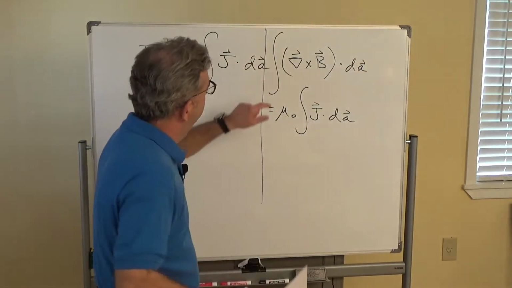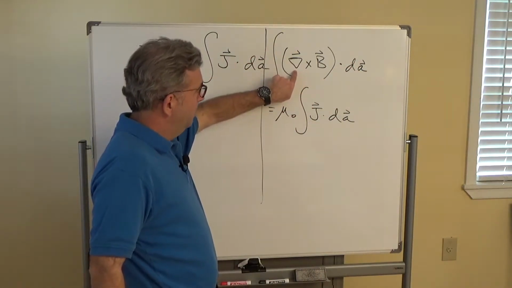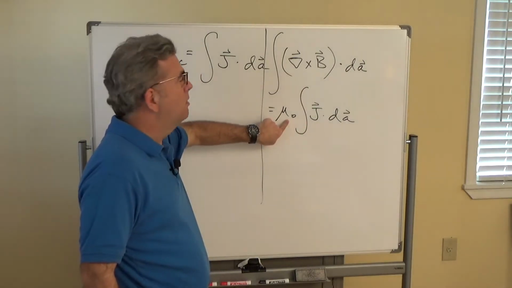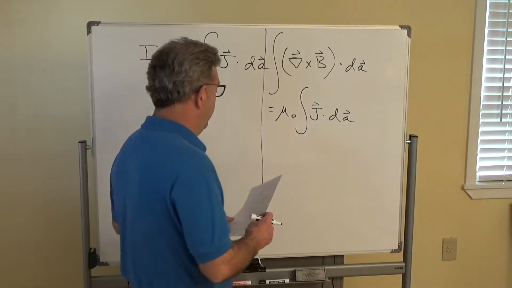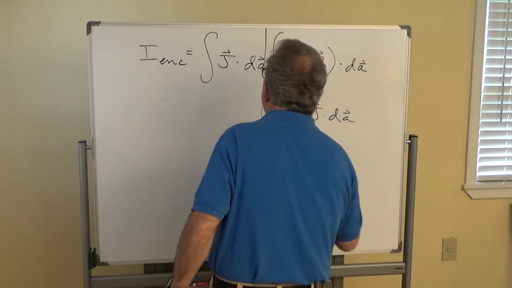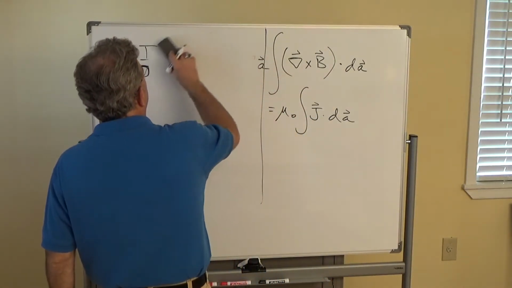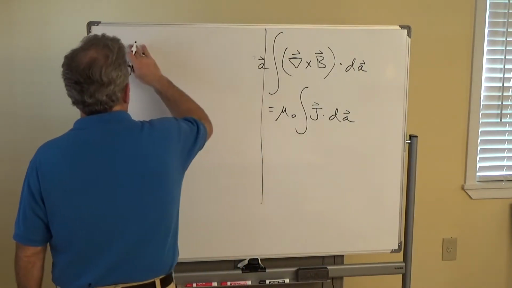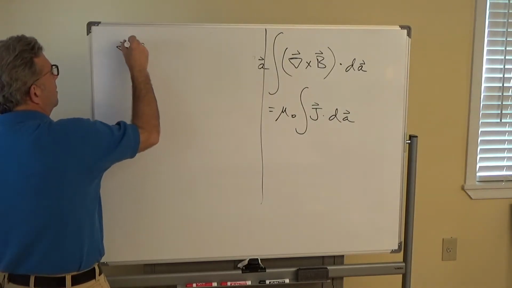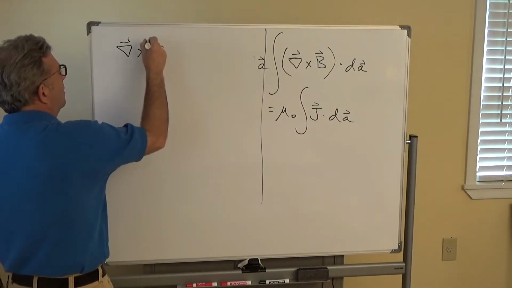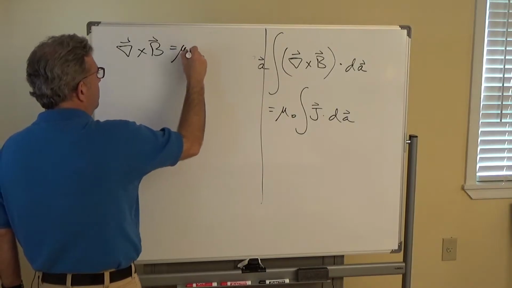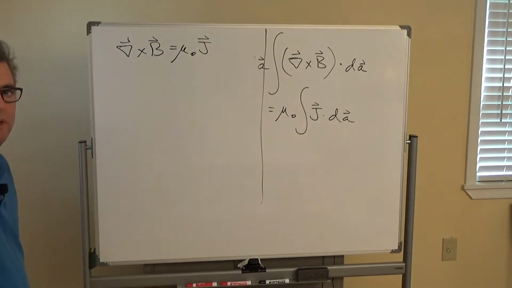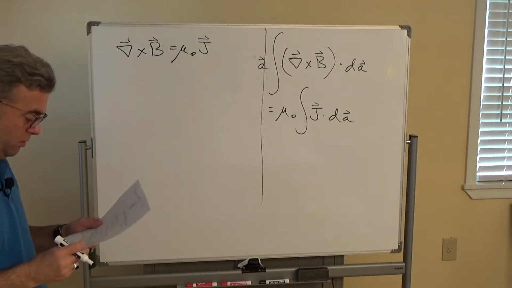This says that the integrands are equal to one another with a factor of mu naught. So del cross B, or the curl of B, is equal to mu naught J. Now, that's for the long straight wire.